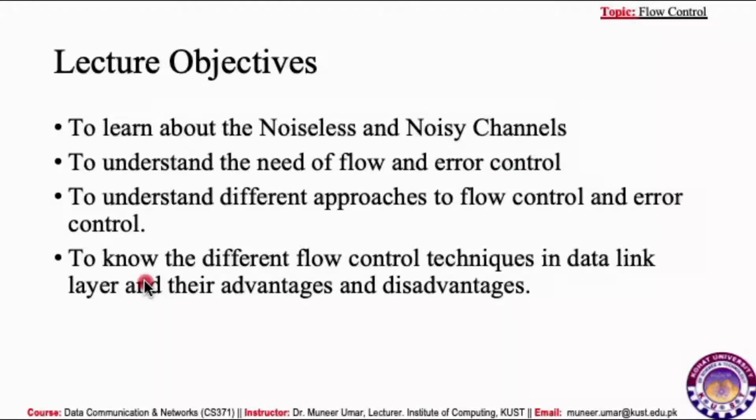The students would also be able to know the need for flow and error control, which is performed at the data link layer, to understand the different approaches to flow control and error control, and also to know the different flow control techniques in the data link layer and their advantages and disadvantages.